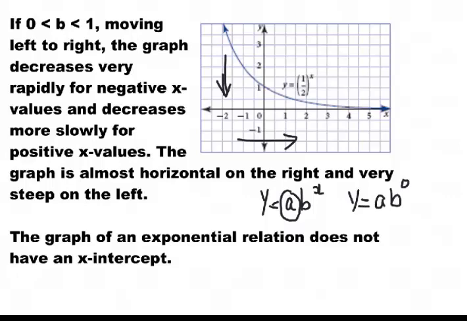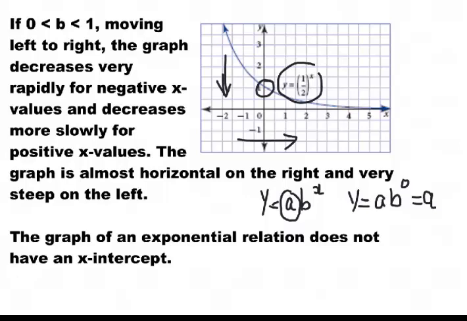B exponent 0 is 1, so this gives you a. Now, in this case, on the graph that we have, your a value is 1. So when x is 0, the y-intercept is 1.